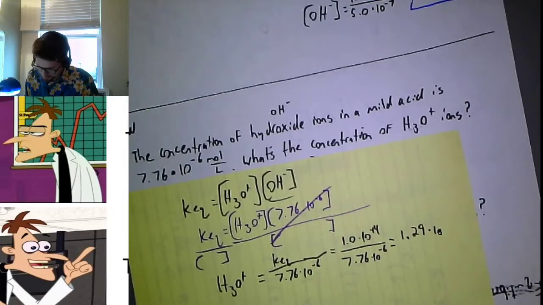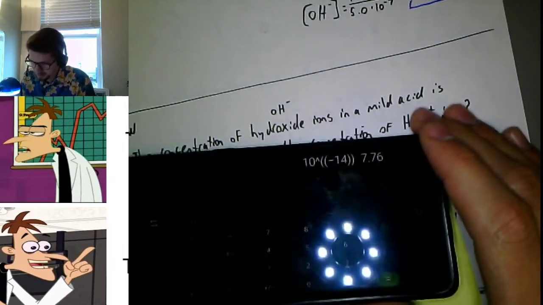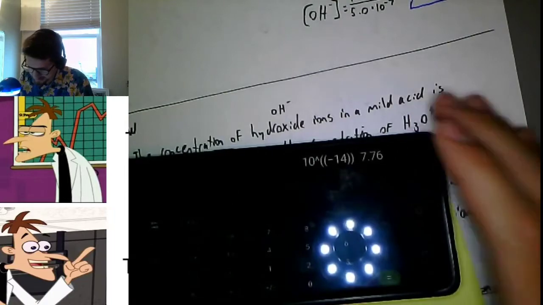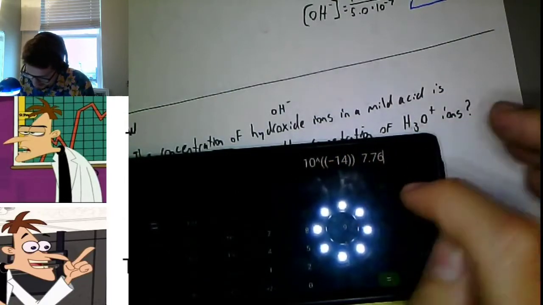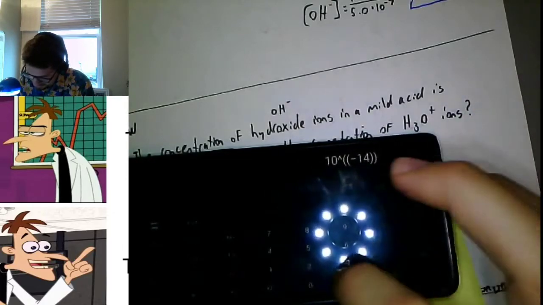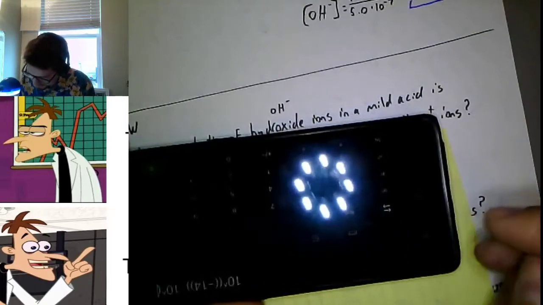This does take a while to type into your calculator, especially given that my calculator right now is literally a phone. You can see how I'm typing this in. Divided by 7.76. Oh, I'm sorry. 10 raised to the, what is it, negative 6?